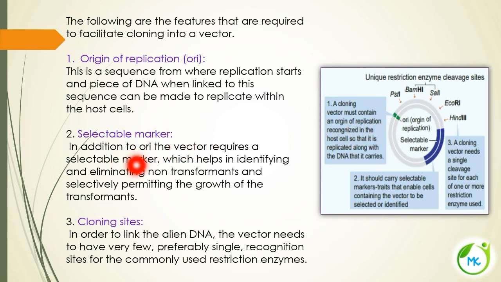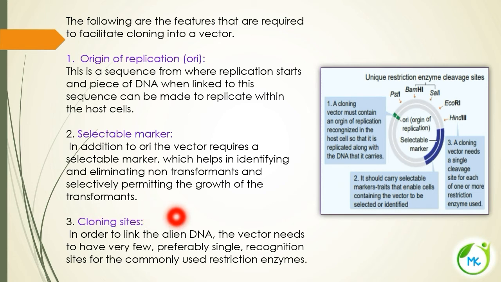The second one, it should have a selectable marker, for example, antibiotic resistance. By using the selectable marker, we can identify whichever cell has the recombinant DNA. Number 3, cloning sites.